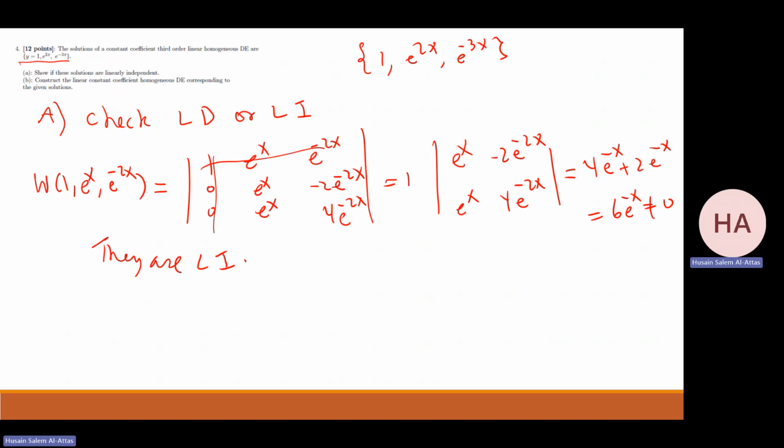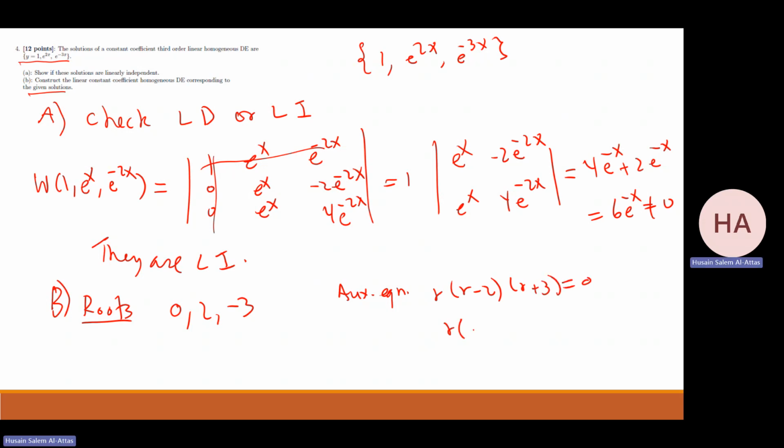Now, he wants me to construct the linear constant coefficient differential equation from these solutions. So what are the roots? The roots are 0, 2, and minus 3. The auxiliary equation will be what? R times r minus 2, r plus 3 equals 0.